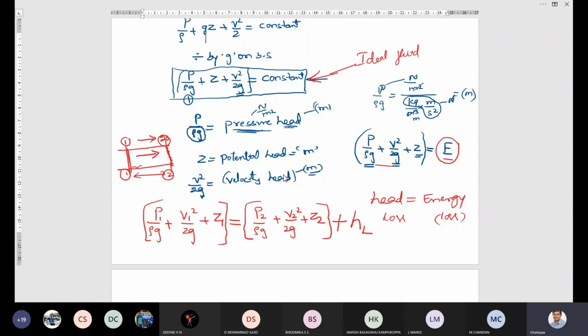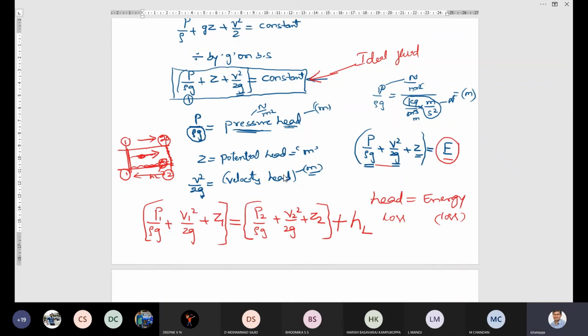Because of the fluid flowing from 1 to 2, there is friction between the pipe surface, that is the boundary surface, and the fluid. There will be some loss. That loss I will call head loss. That is one type of loss. There are many types of losses considered when the fluid is flowing, that we will discuss in upcoming chapters. As well as due to viscosity, there will be some kind of loss.